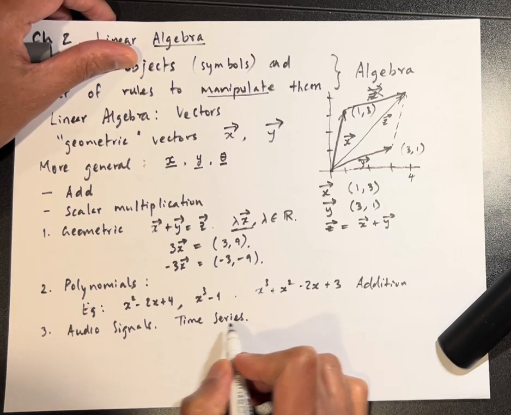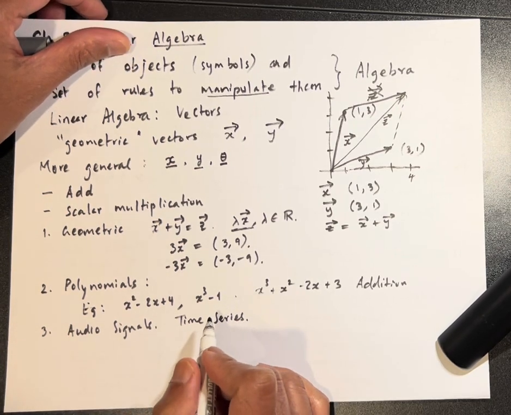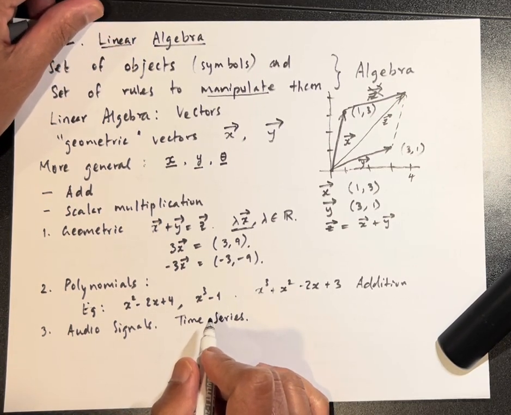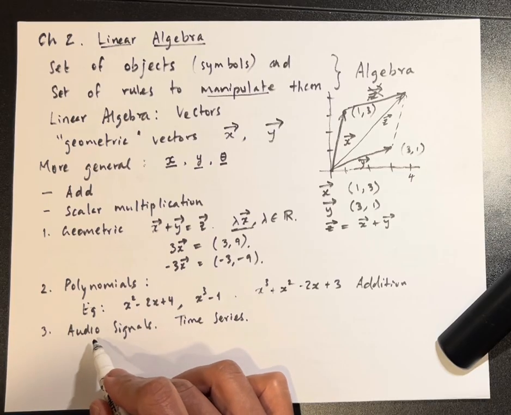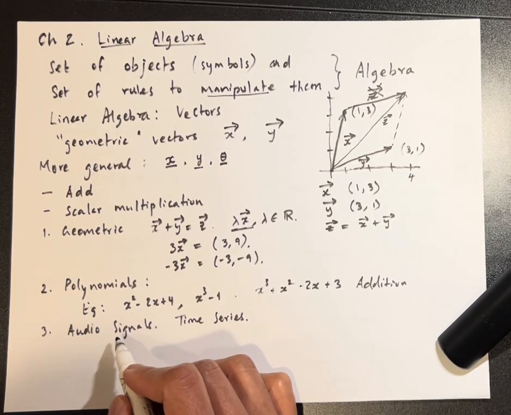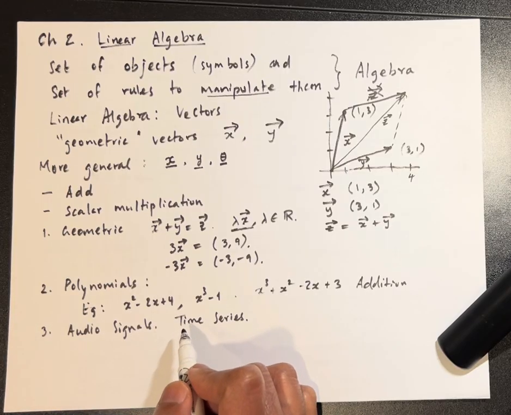And then we can add two audio signals together, and we can multiply one by a scalar, which will increase the volume and so on. As long as you can take two audio signals and add them, and take a single audio signal and multiply it by some constant number, it's good.